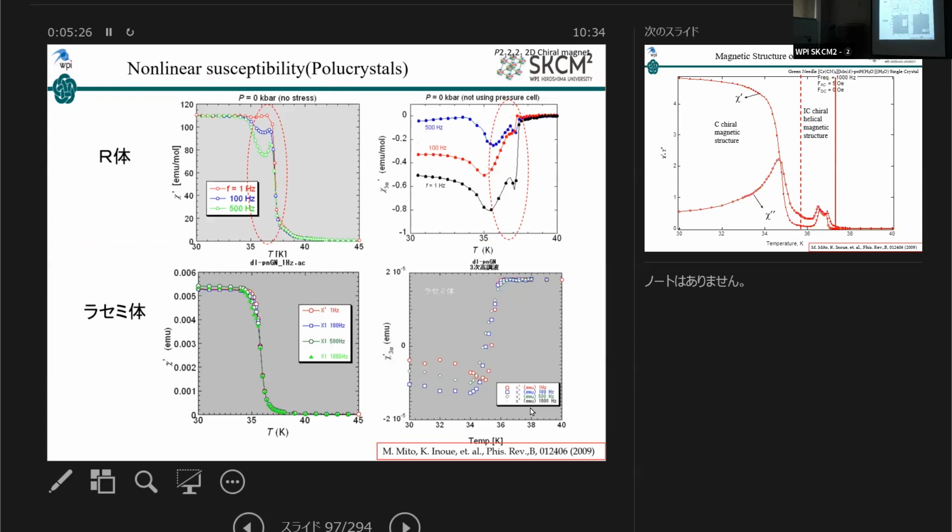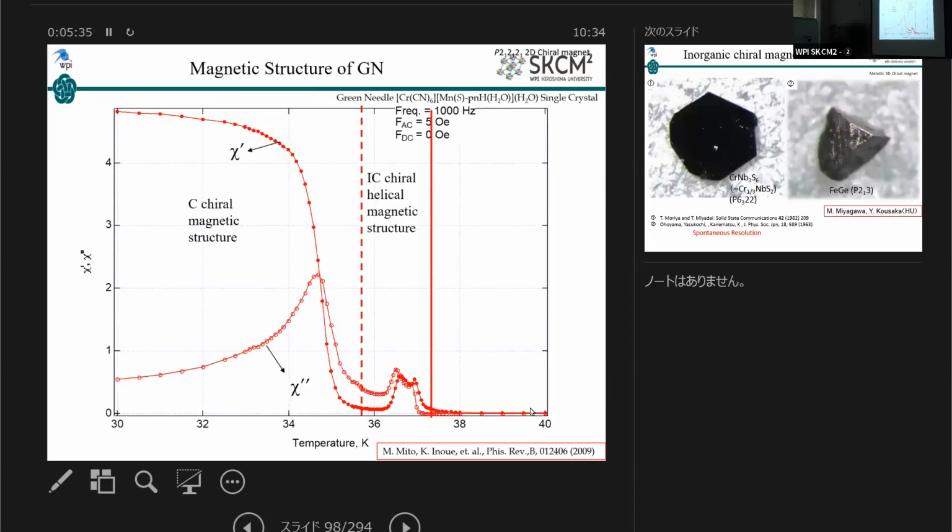Anyway, we can say the chiral system generates a nonlinear response. Finally, we can draw the phase diagram of this sample. The chiral helical magnetic structure orders at 37 Kelvin. At 35 or 34 Kelvin, it orders to the commensurate chiral magnetic structure.